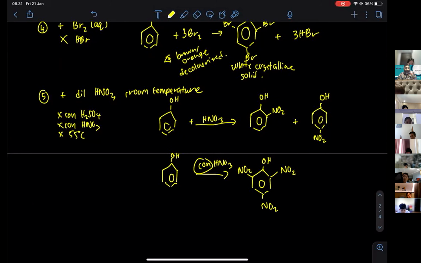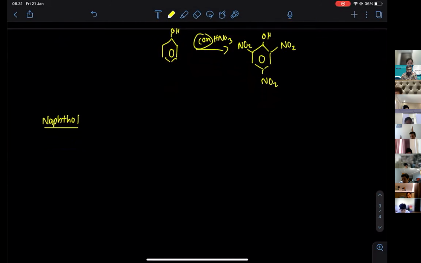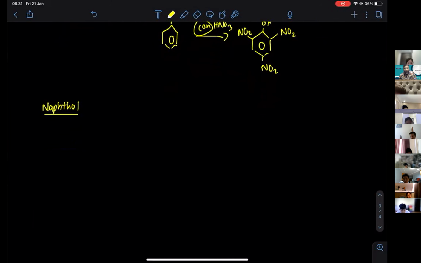Of course the reactions related to phenol, if you compare with naphthol, this is something that you need to also remember. I'm not going to go through everything, I'll just go through the important parts. So you know that naphthol will be like this.